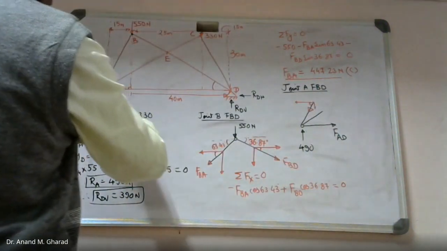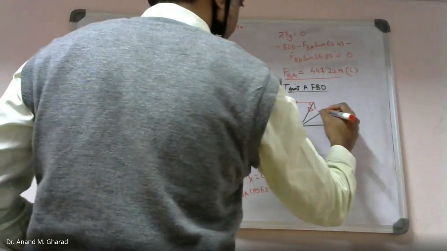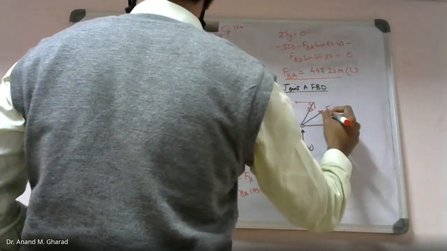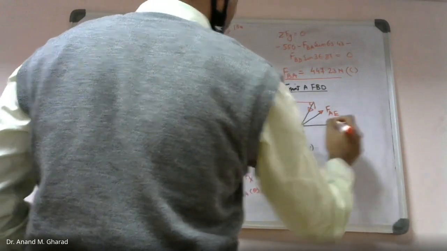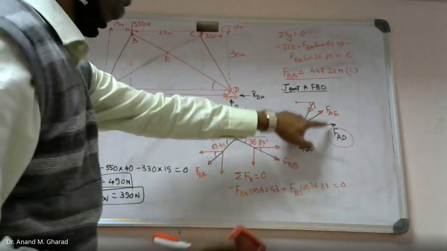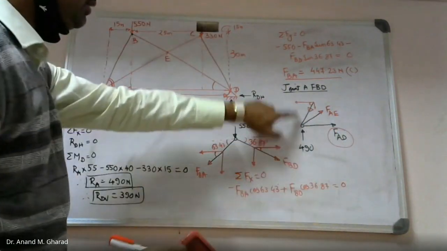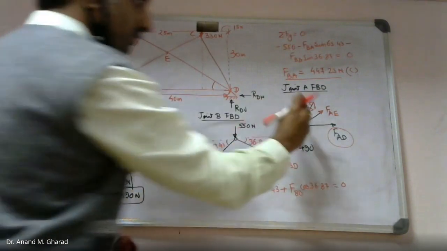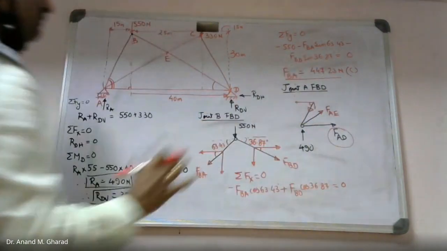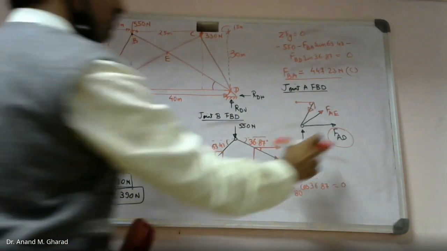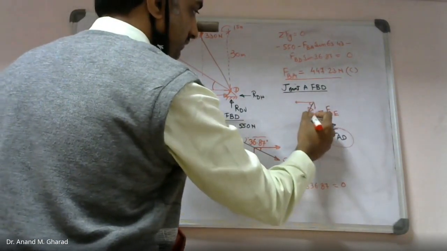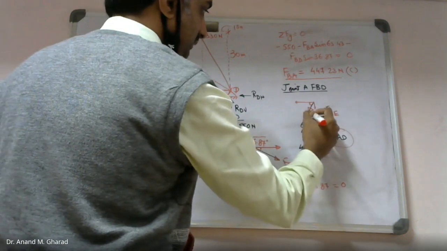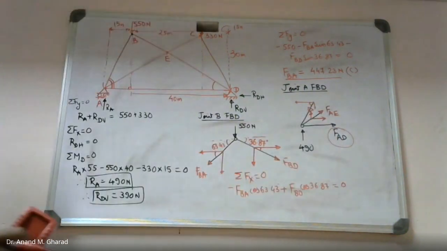What you don't know is force in member AE and force in member AD. Now see, there are two unknowns, but other things are known to you. Based on this free body diagram, it is very easy for you now to evaluate force in member AD. Now this has become problem specific, and you can identify the unknown value.